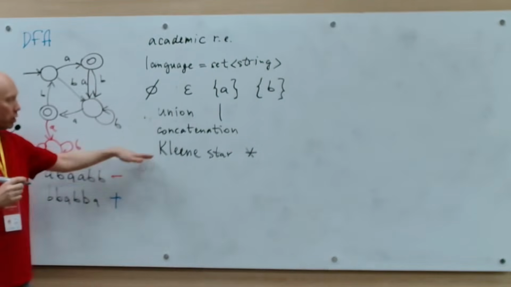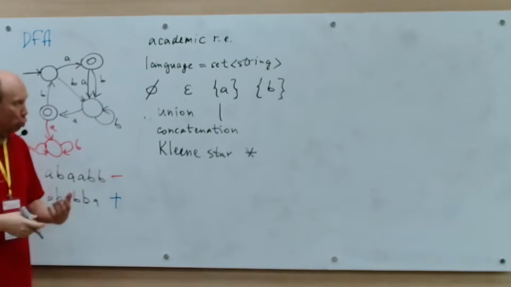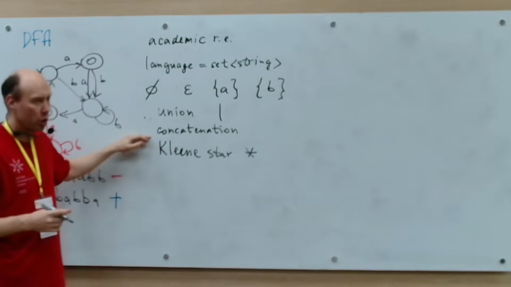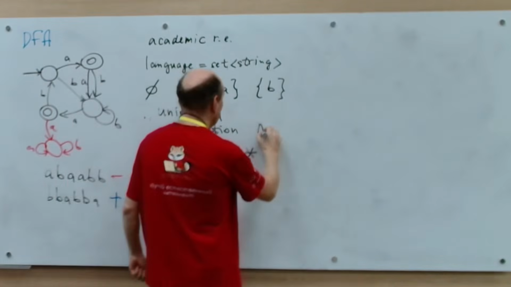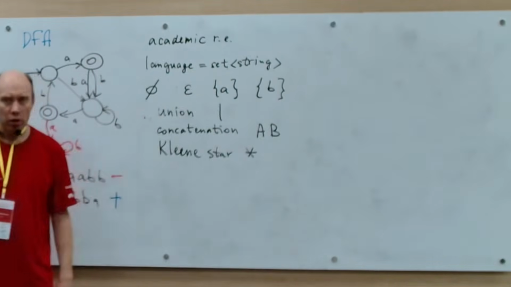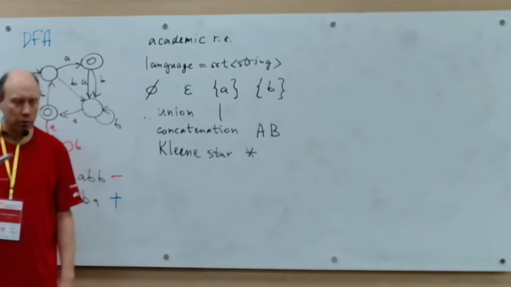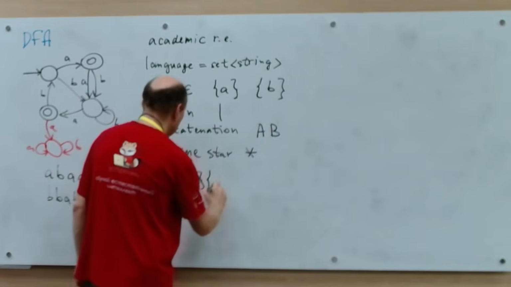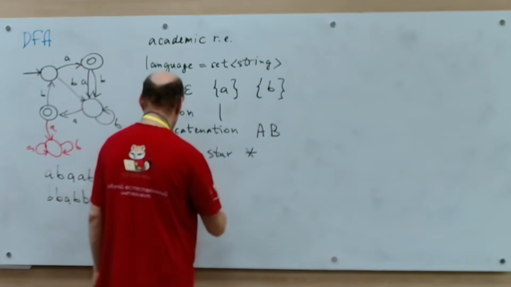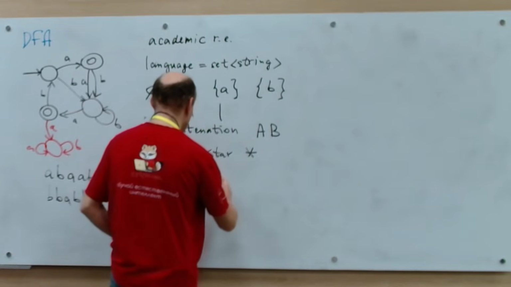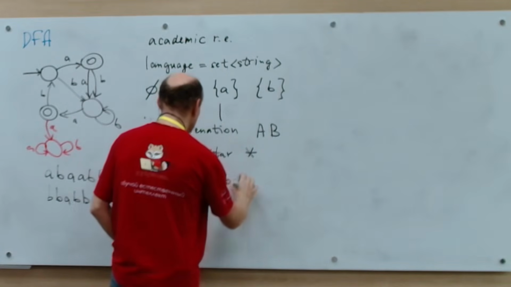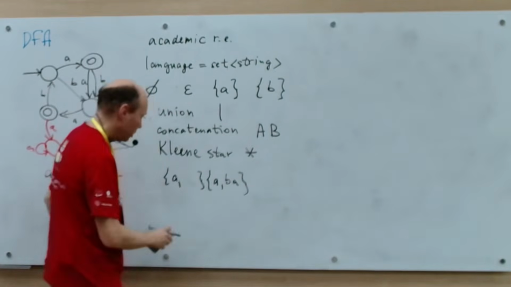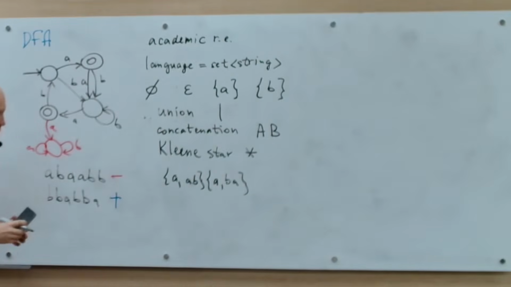And so what is the idea of these operations? The union is when you take two sets and you unite them together. The concatenation of languages works like this. If you have two sets, A and B, their concatenation is the concatenation of every pair, a word from the first set and a word from the second set. For example, {A, AB} concatenated with {A, B}.